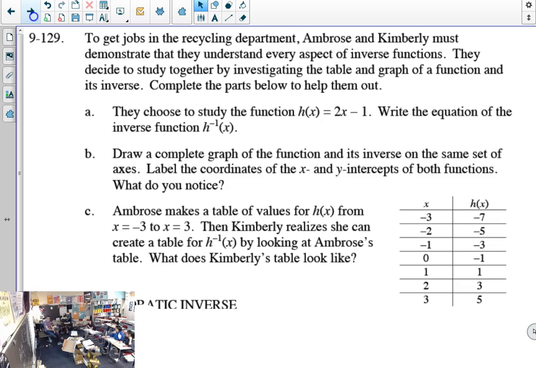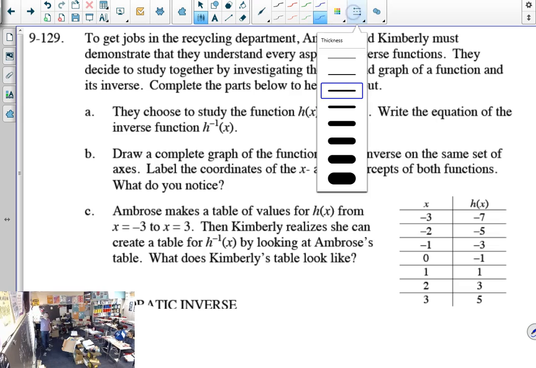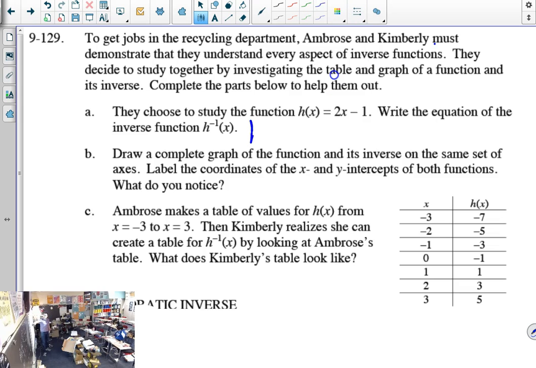What would be the inverse function of h of x? Anybody? Okay. X plus 1.